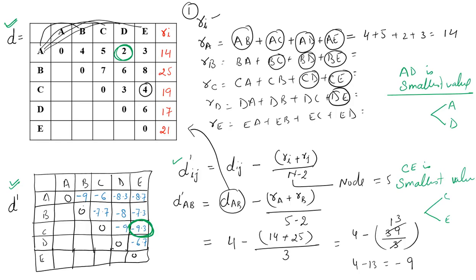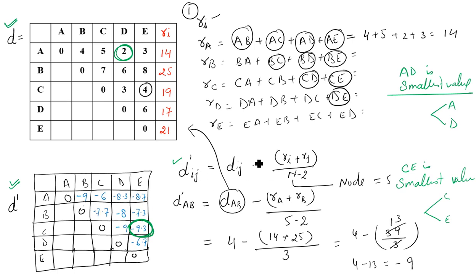So what did we do in our first iteration? This was the matrix which was given to us. We calculated the Ri, which is very simple. This is the formula. Then we calculated the D dash matrix, with values like 0, minus 9, minus 6, minus 8.3.